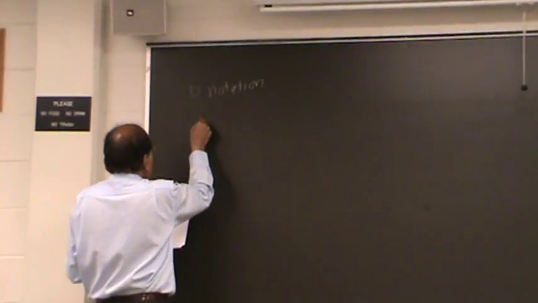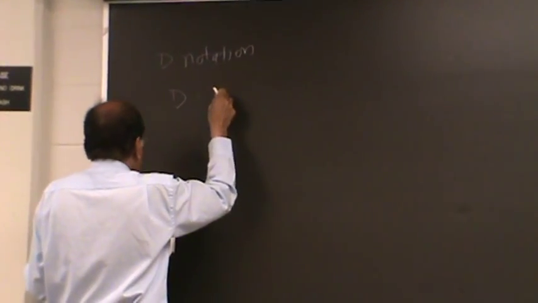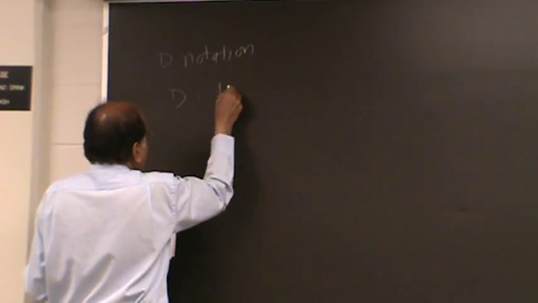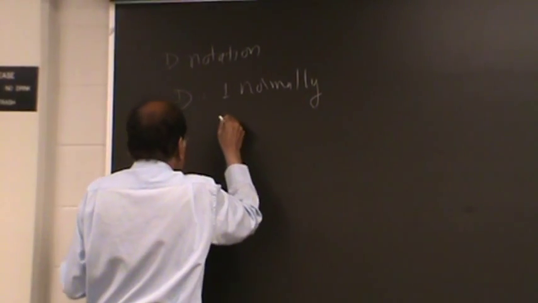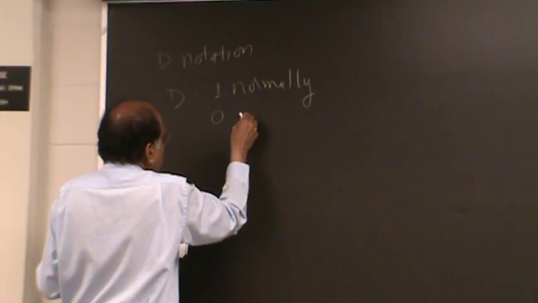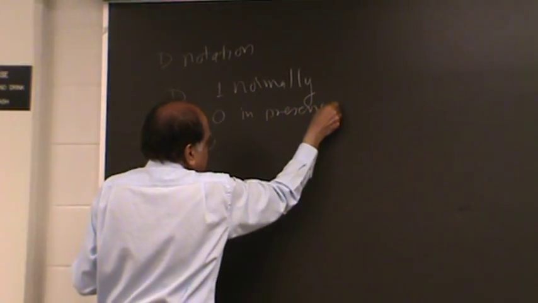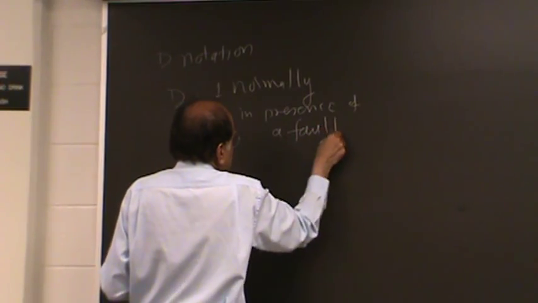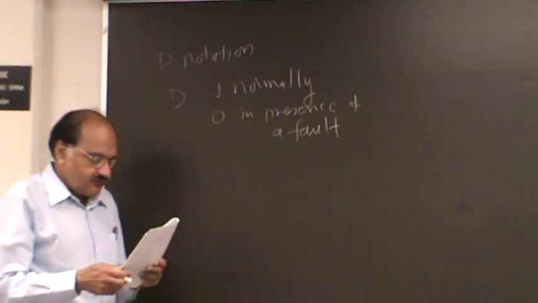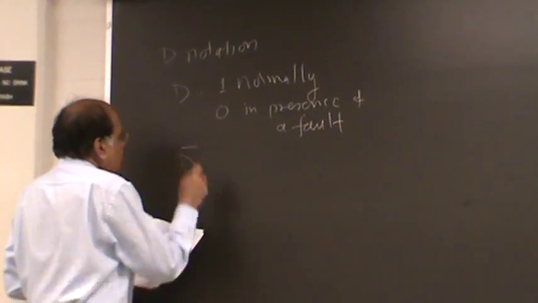So D means it is a D if it is 1 normally, and 0 in presence of a fault. And D bar, of course, is just the opposite.